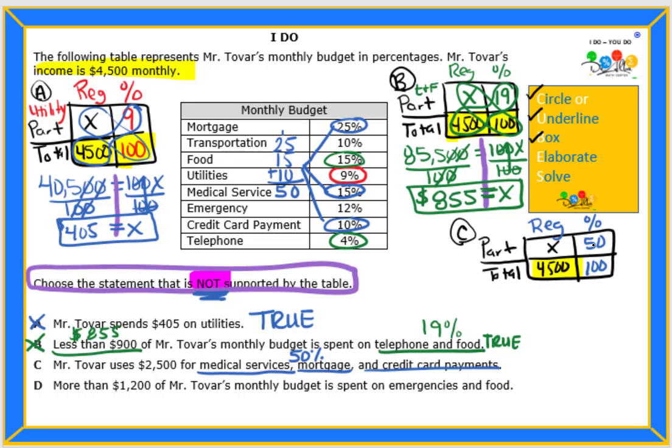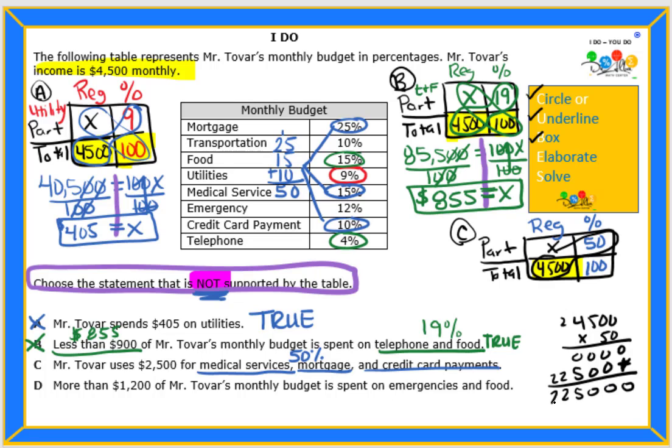Okay, so if we do the cross products, 4,500 times 50, we can work that out. 4,500 times 50, everything times 0, and then placeholder. 0 times 5 is 0, 0 times 5 is 0, 5 times 5 is 25, we carry 2, 20 plus 2 is 22.